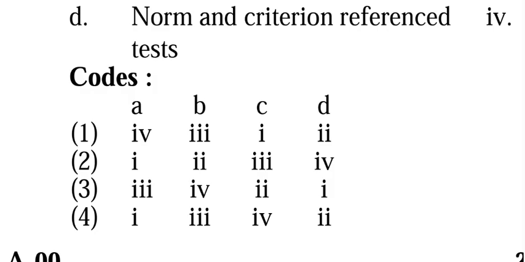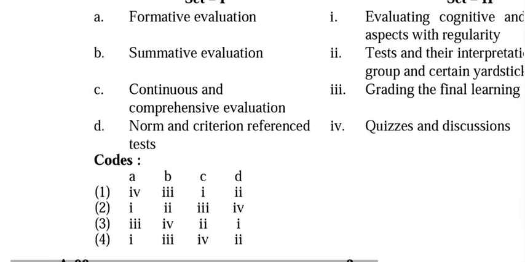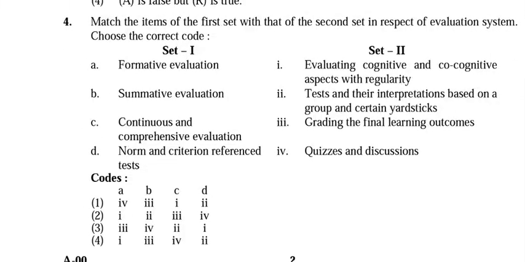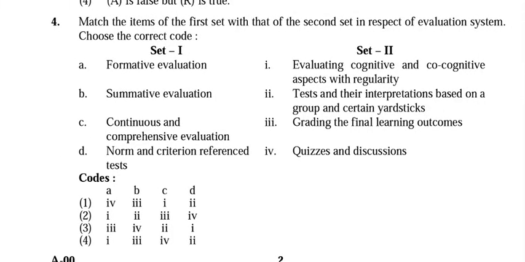The correct answer will be A. That means number 1. A, formative evaluation, it will be related to quizzes and discussion. B3, summative evaluation will be related to grading the final outcomes. C1, continuous and comprehensive evaluation is related to evaluating cognitive and co-cognitive aspect with regularity.